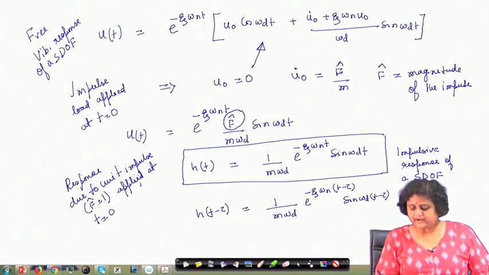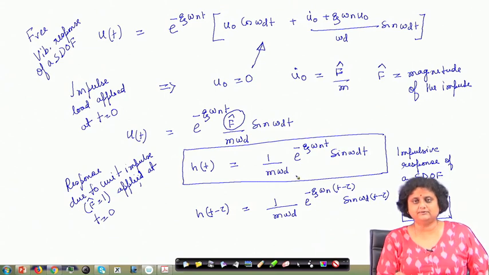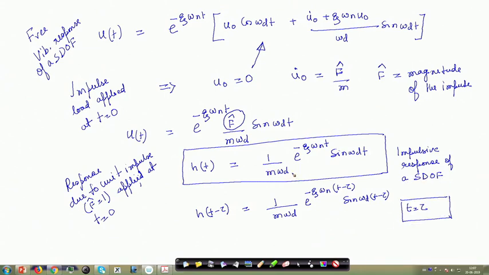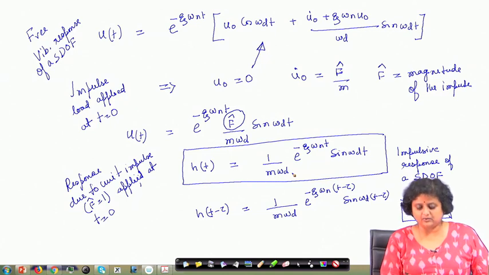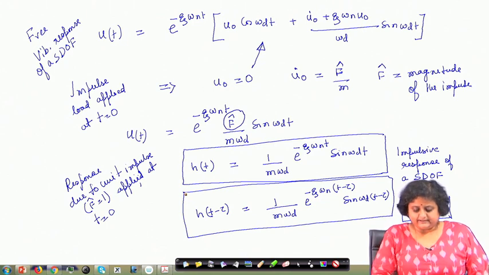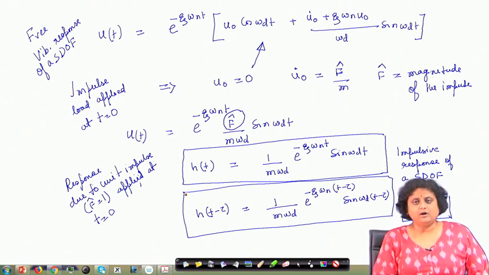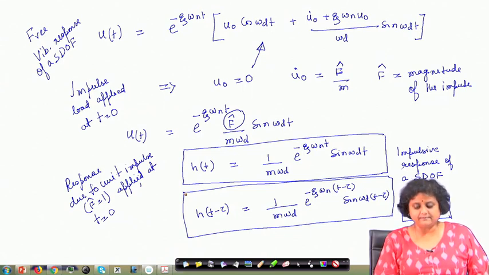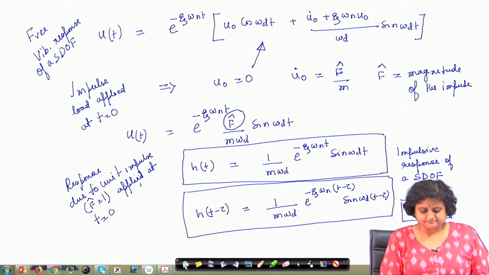So, this is straightforward: if this is the response of the system because of the impulse applied at t equals 0, then the response of the same system when the impulse is applied at t equals tau is going to be this. So, with this we know the response of a damped single degree of freedom system under an impulse load.